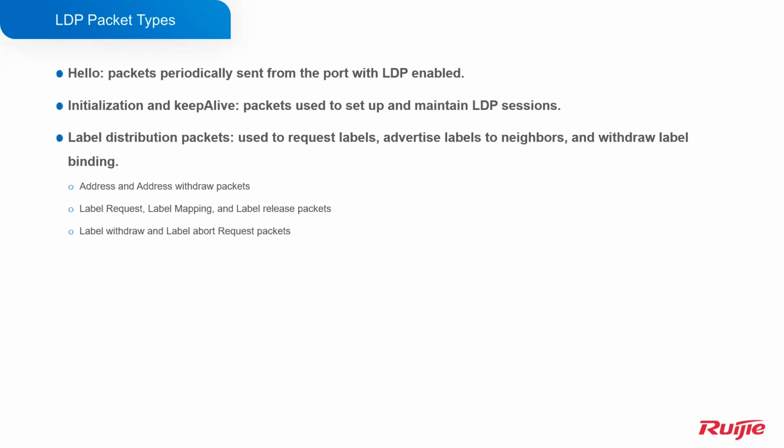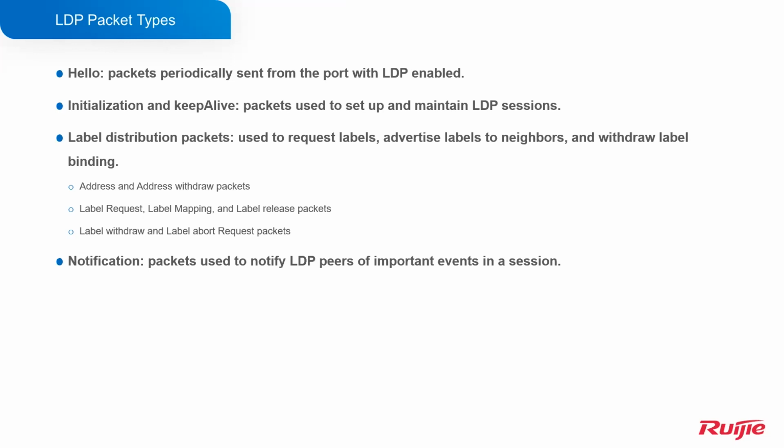So this is a very important part, and it includes the address and address withdrawal packets, the label request, label mapping, and label release packets. So these are the different types. For example, now we already found our neighbor, and then I will show you how many labels I already assigned for my routes. Please receive it, something like this.